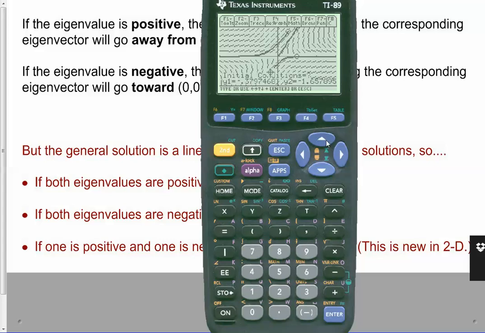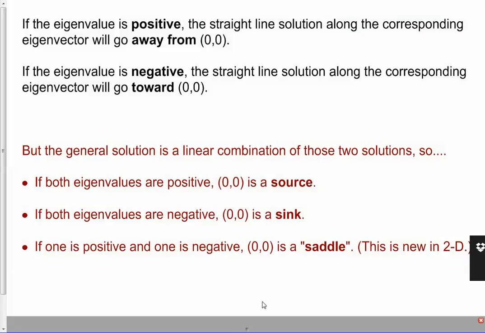If we started over on the other side, it starts going in this way because it's close to this line that wants to go in this way, but it's not there, so it also gets peeled off and goes out the other way. So we get all these swooping hyperbolic lines. Okay. So I'll stop this video at this point.